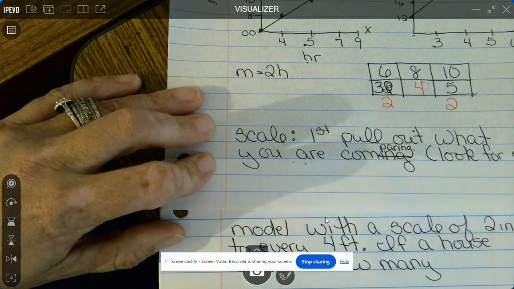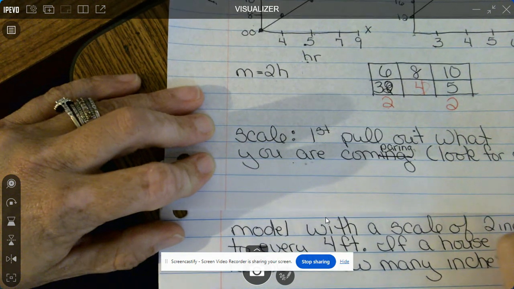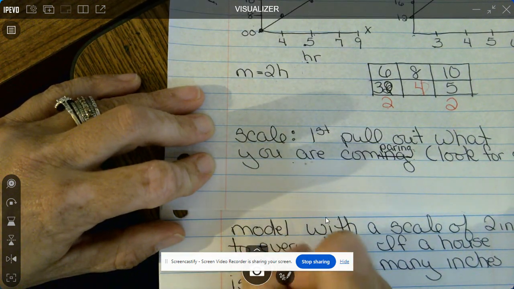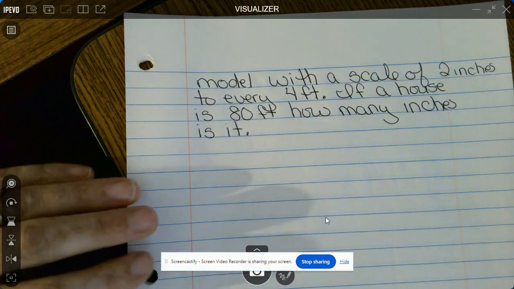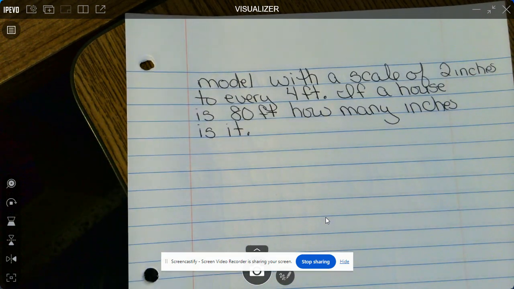How many inches is it? Yeah, go ahead and solve it. This is the final thing we're going to review before I kick you guys off to your assignment.